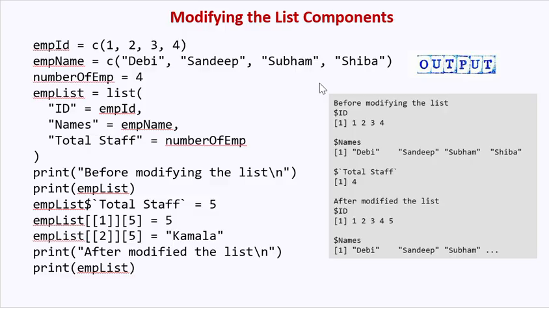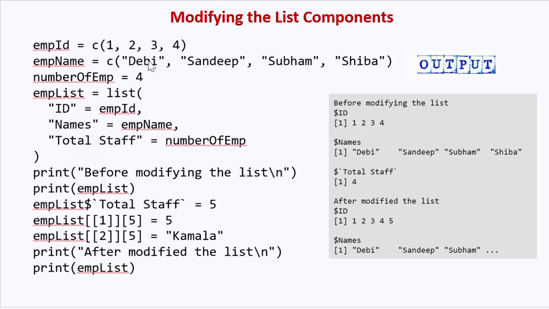We have to add their respective other data also. In such a case, we need to add the new employee's ID as well as the name. How to do this is, you can go the easy method with the help of index value. Now you see the first is the employee ID where its index is 1. So you can see here we mention 1, and this is for the 5th employee.